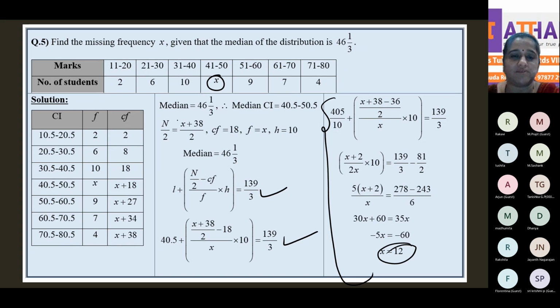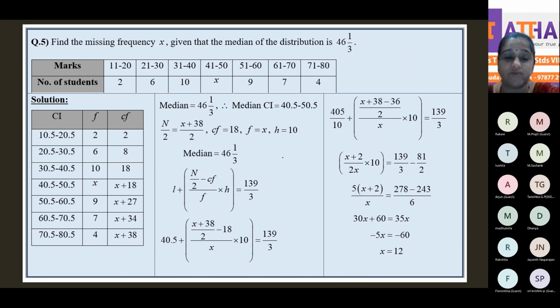Frequency, the number of times, 1, 2, 3, 4, 5, 6, has to be a natural number. You cannot get a fraction or a decimal value like 12.35. Number of students, you cannot get 12.35 students. So you have to be very careful while calculating, and for that you have to do the assignment.